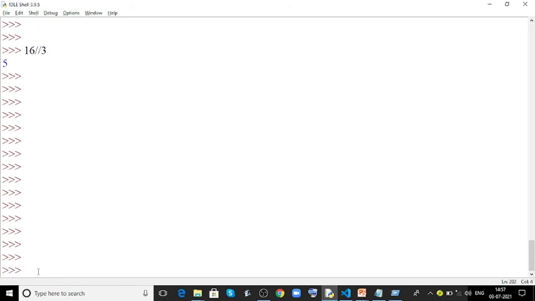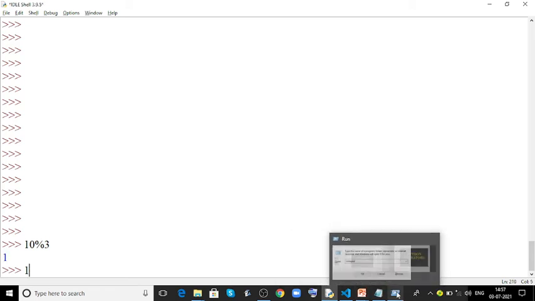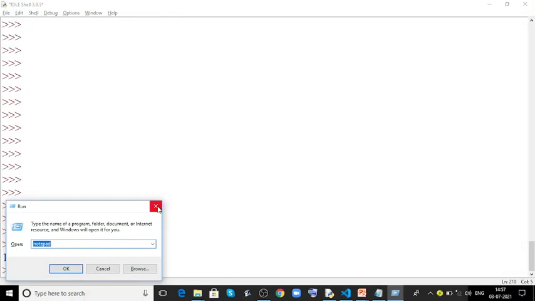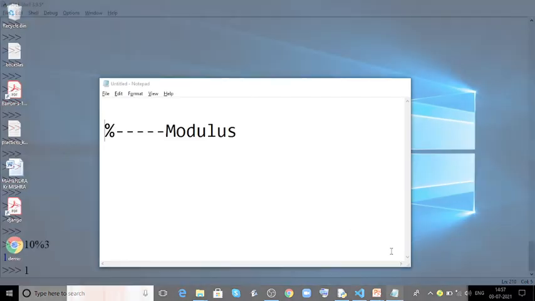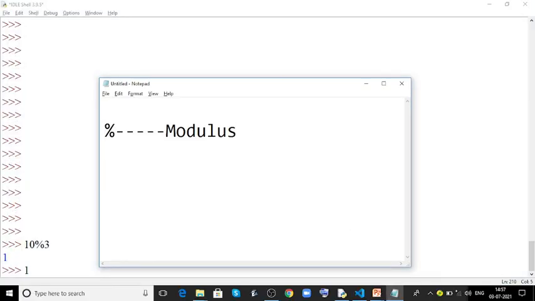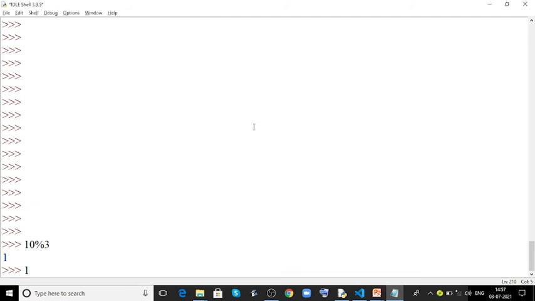It will give the remainder value. Now 10 percentage 3. What is the answer? When you divide 10 by 3, this operator will give the remainder value, the modulus operator.